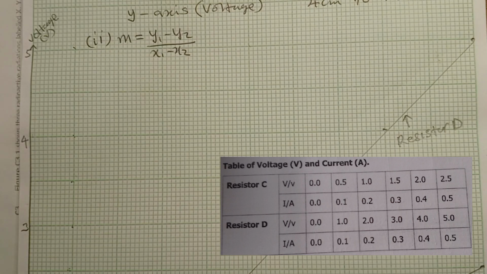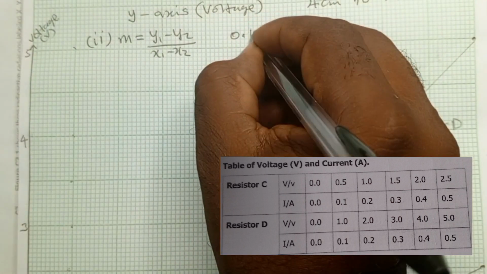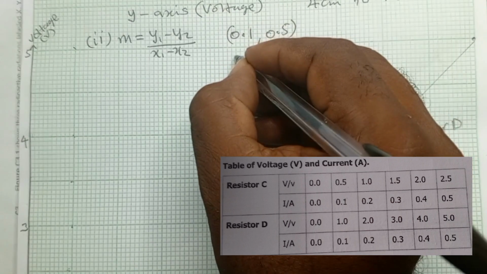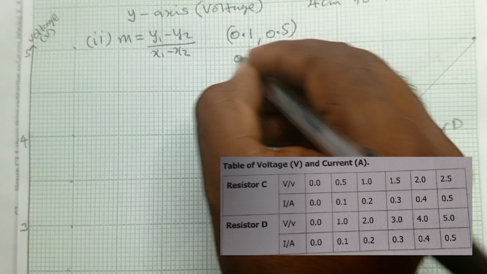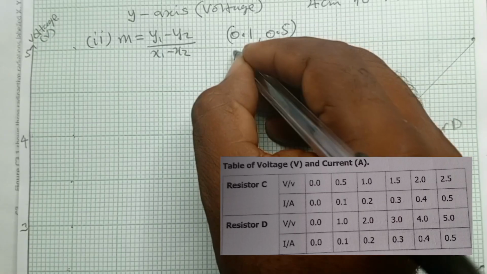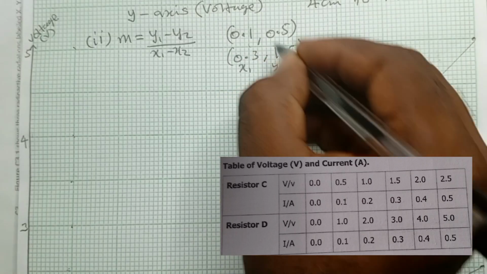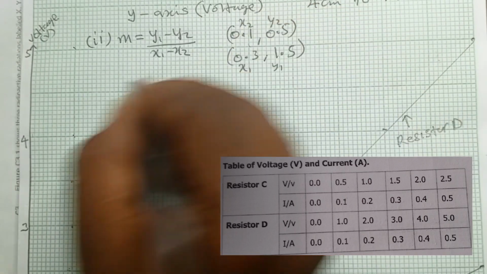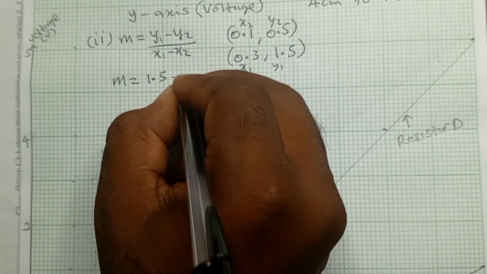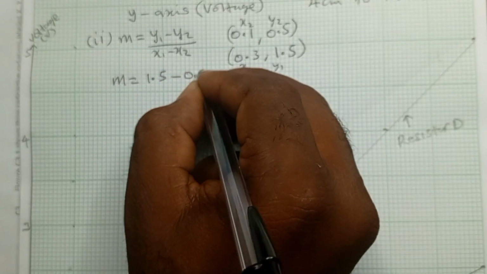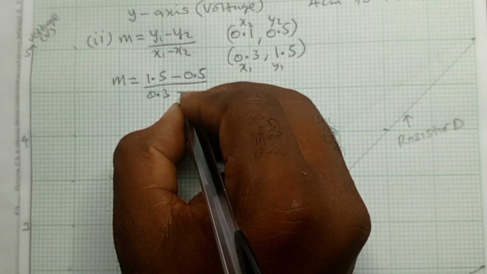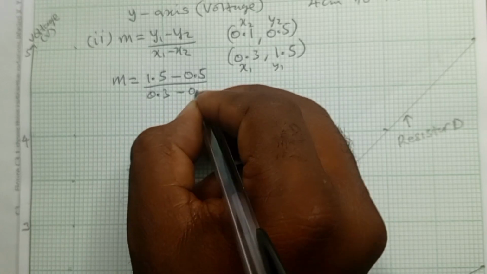So for resistor C, I have 0.1, 0.5. Then I have also 0.3, 1.5. So let this be x1, y1, x2, y2. So gradient is equal to y1, 1.5, minus y2, 0.5, over x1, 0.3, minus x2, 0.1.